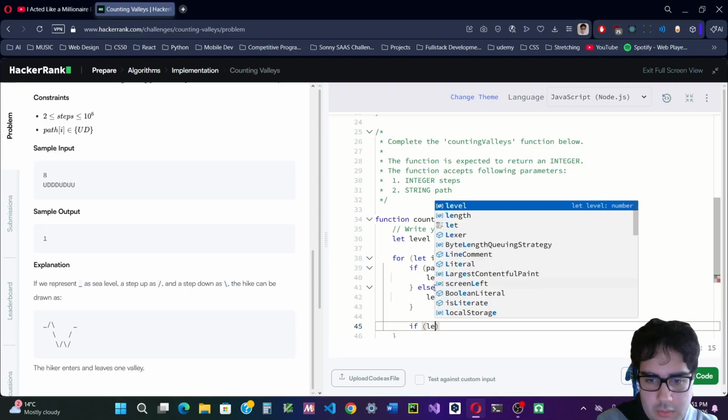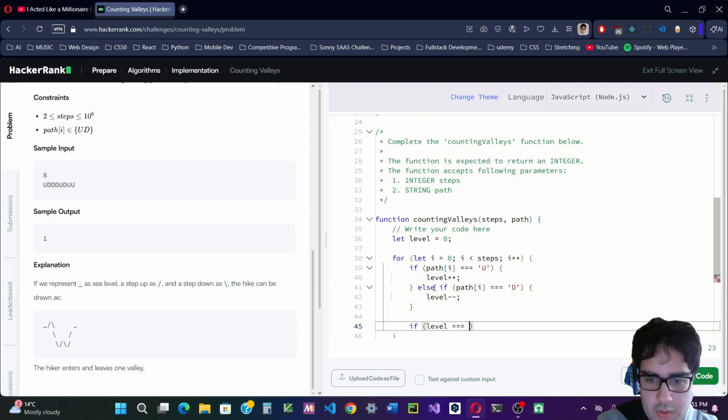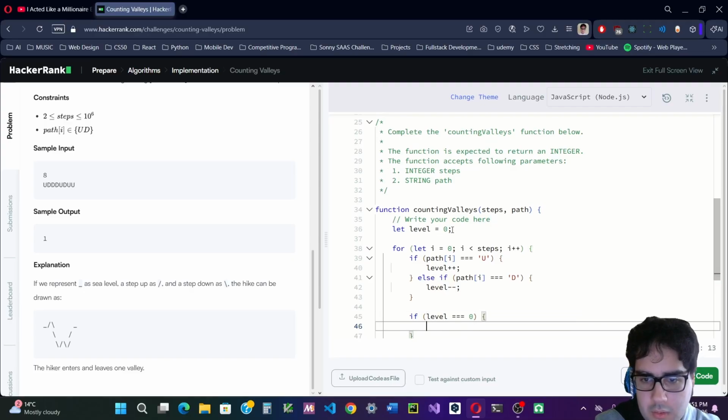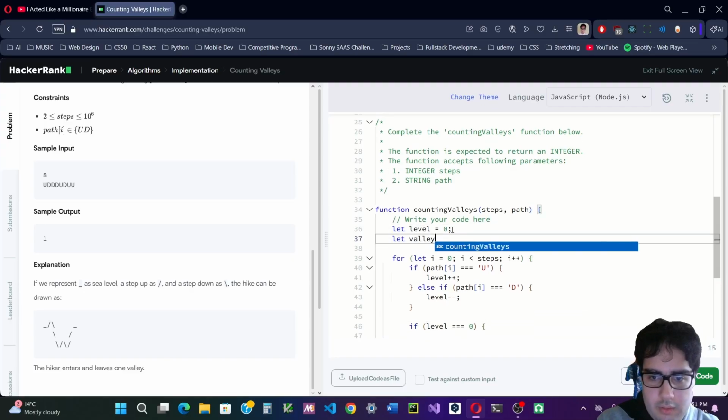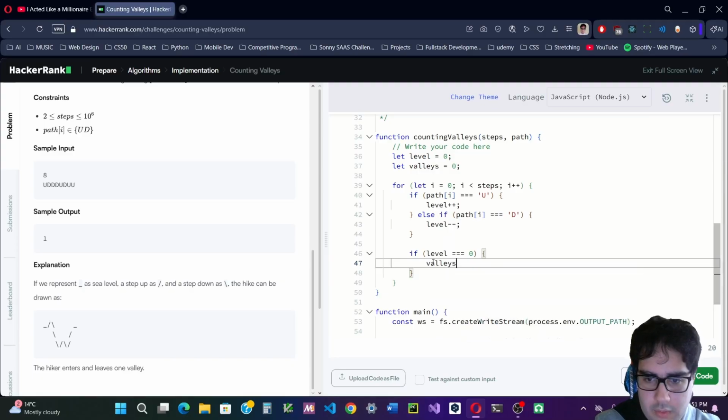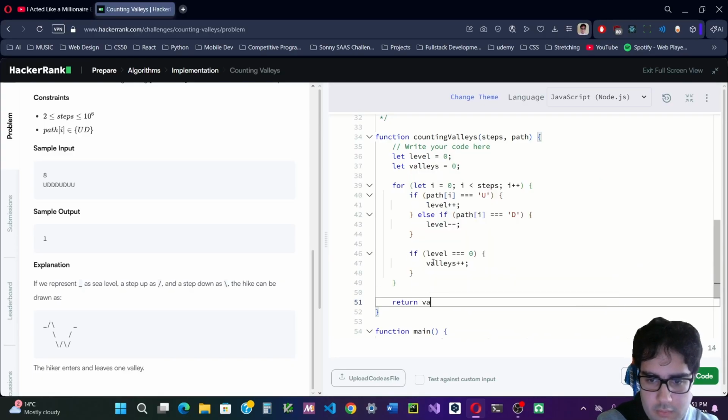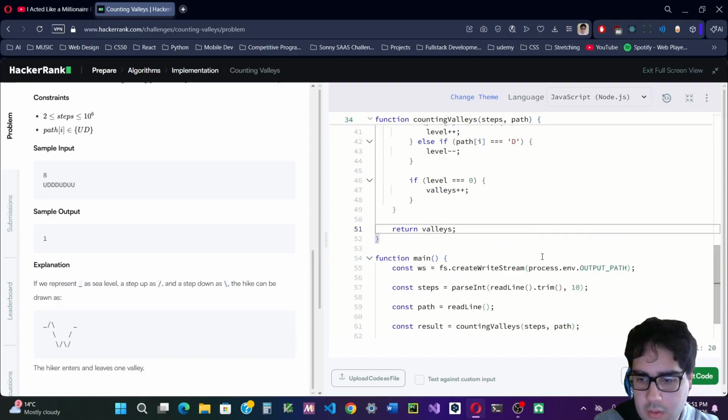If level equals 0, let valleys plus equals, valleys.